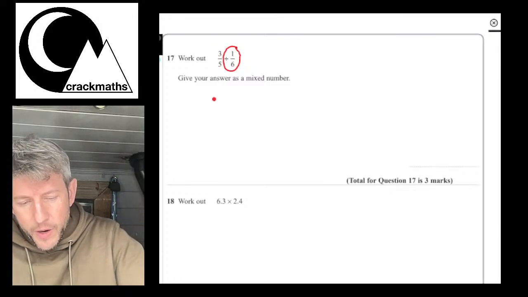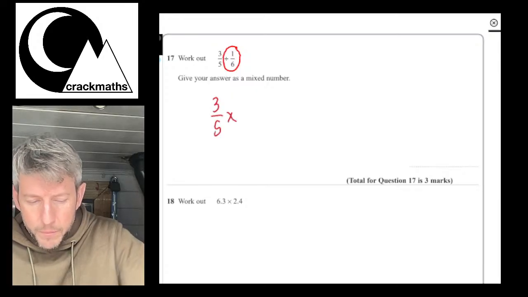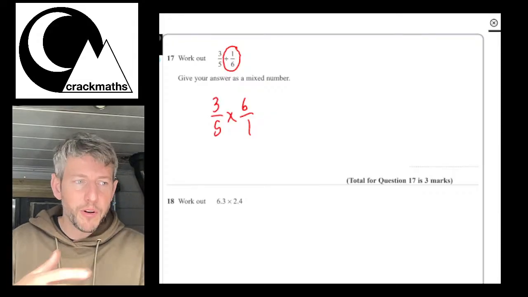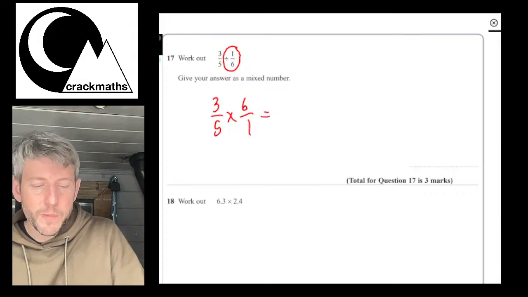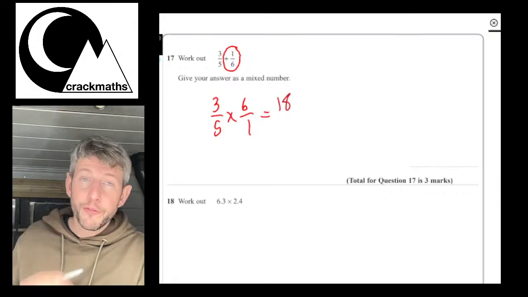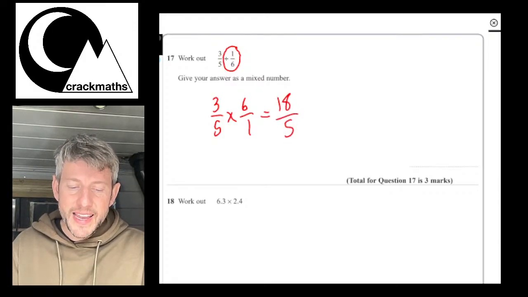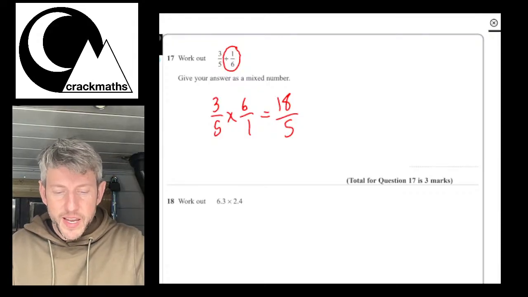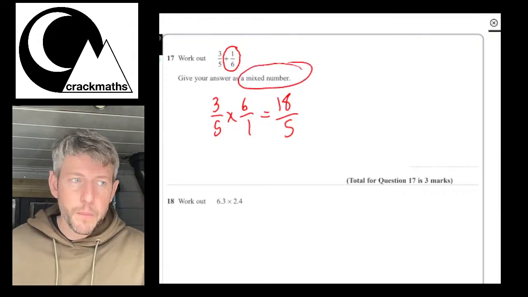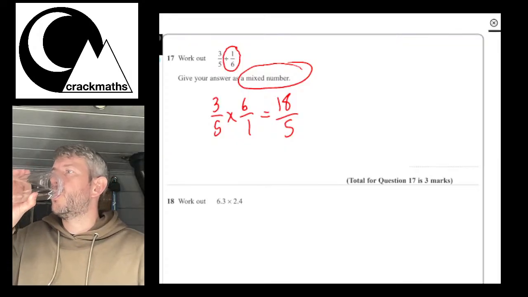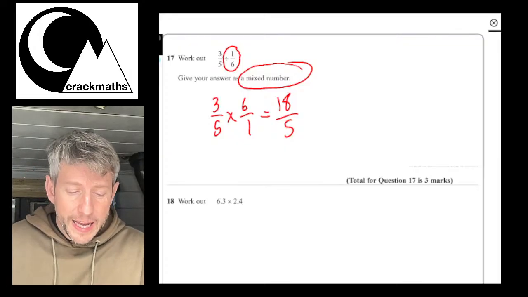So here we've got 3 over 5 multiplied by 6 over 1, and then we can just multiply across. So 3 times 6 is 18, 5 times 1 is 5. So this fraction is 18 over 5, but they want the answer as a mixed number. So we need to work that out.